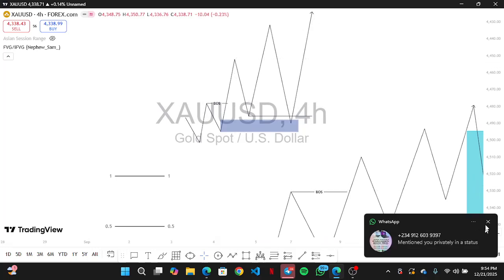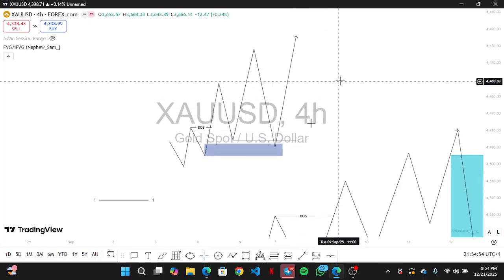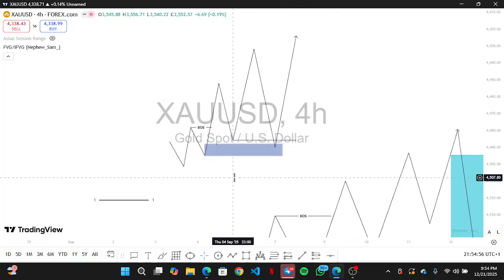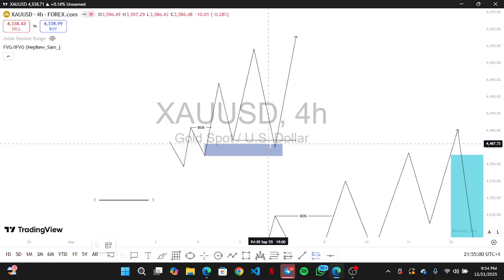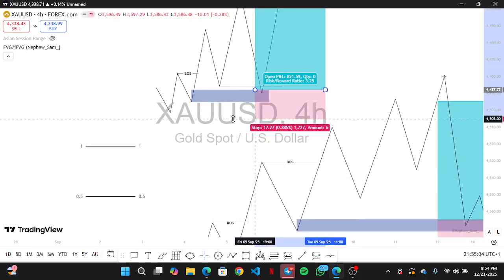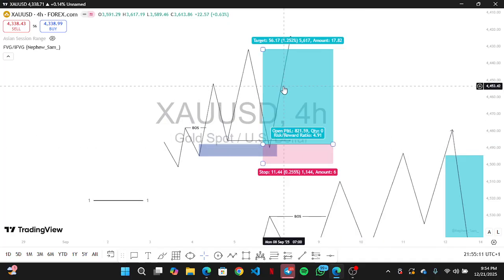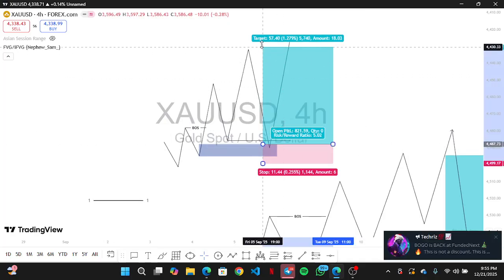So now this will happen, and then price will go all the way up there. This is how it goes, and this is what you'll be expecting on that trade. You cover the last low when you're trading, and you target somewhere, maybe the high, or target the 5 hour basically.